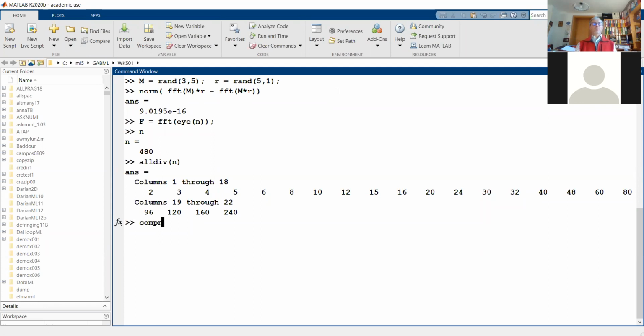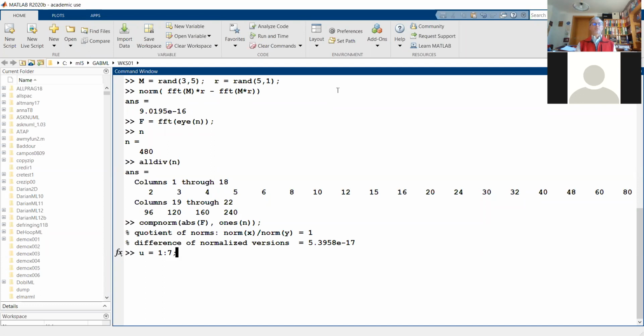I could, for example, verify that the Fourier matrix has absolute values 1 everywhere. So this routine, comp norm, tells me, well, are the two vectors the same? Maybe I'm showing you, if you take a vector u equals 1 to 5, 7 or so, comp norm of 3 times u with u prime. It is a routine that says, I don't care about the format of a vector.